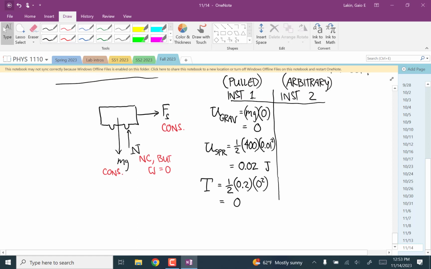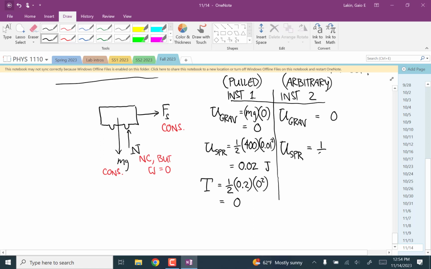And now we'll go to this arbitrary second instant. The gravitational potential energy, it's still at the same height, so that's still equal to 0. The spring potential energy, we don't know how far the spring is from its resting length at this arbitrary instant, so I'm just going to leave that deformation as x. Okay, and we'll see how it works when we get through it.